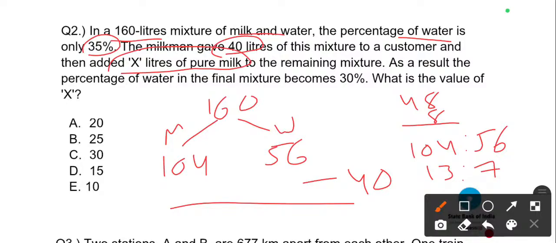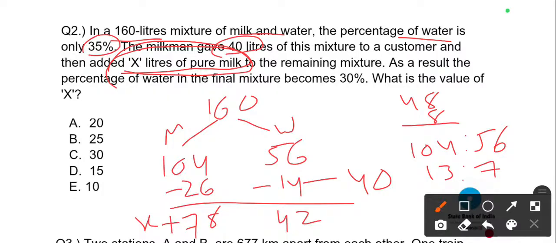So here we take 26 and here we take 14. So it will be 2 and 4. From this we take 4 plus 4, 8, and 9 minus 2, 7, 8, and X liters of pure milk is added.